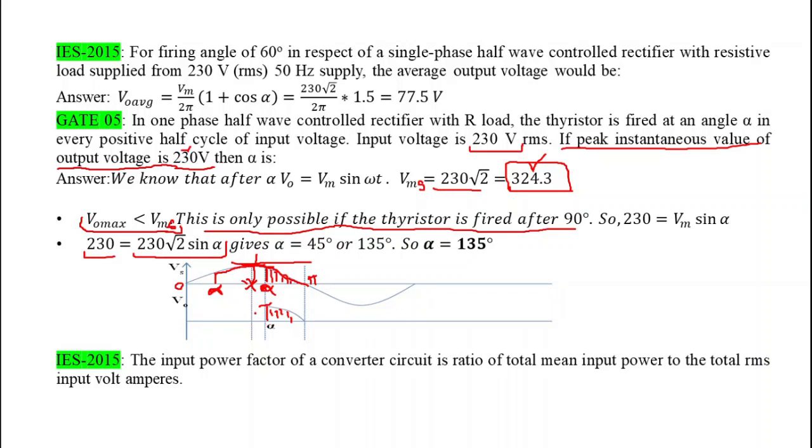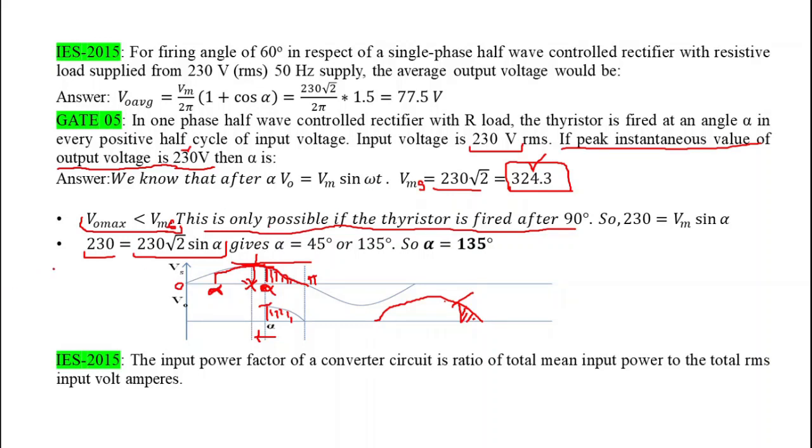Wherever it is fired, we get the maximum value of the output voltage at that point, because the waveform is like this, and if we fire here, we get the output like this. So the firing angle gives the maximum value of output voltage.